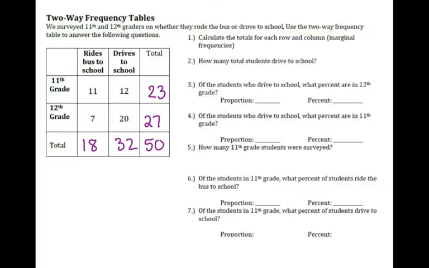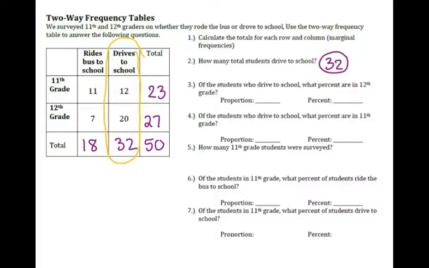So how many students drive to school? So the total number of students that drive to school is 32, just looking at your frequency table. Of the students that drive to school, what percent are in 12th grade? So I'm going to look at just the students that drive to school. So I'm looking at this column right here.